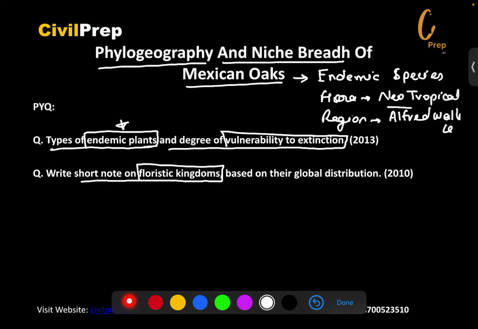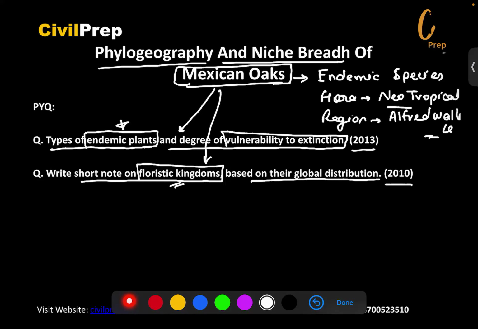So we have various realms as per the distribution of Alfred Wallace. Okay, so here the note is being asked on the floristic regions based on their global distribution. So this Mexican oak, which is currently in the news, fits into both the questions which were asked in PYQs in 2013 and 2010.